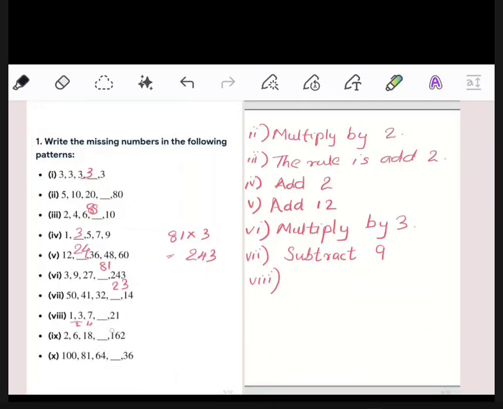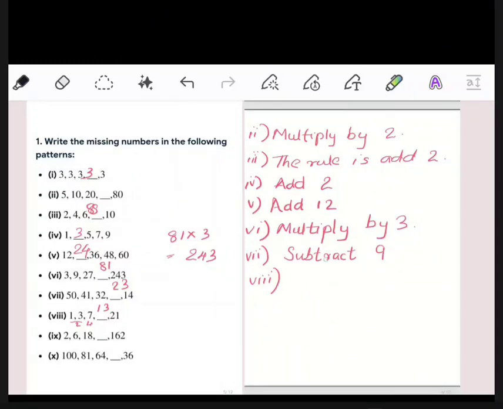Likewise it is going, so the next difference will be 6. 7 plus 6, that is 13. Let's check with the 21 also: 13 plus 8, that is 21. Yes, the answer is right.